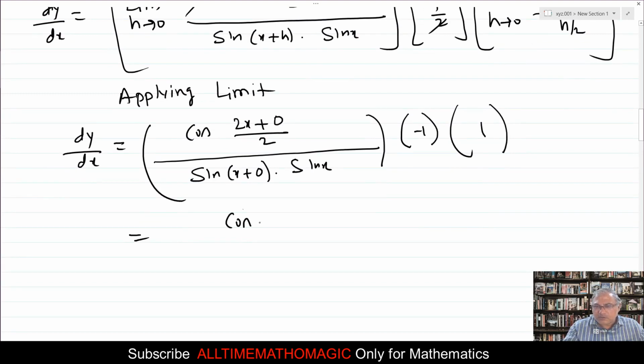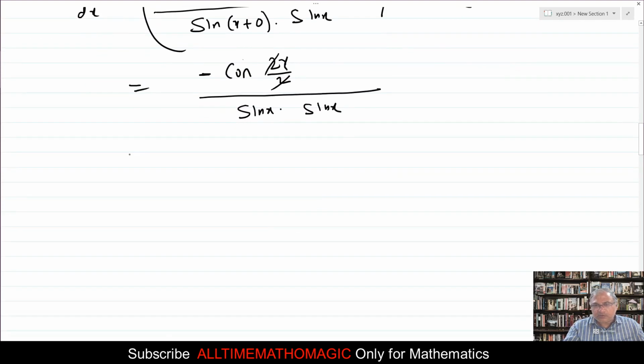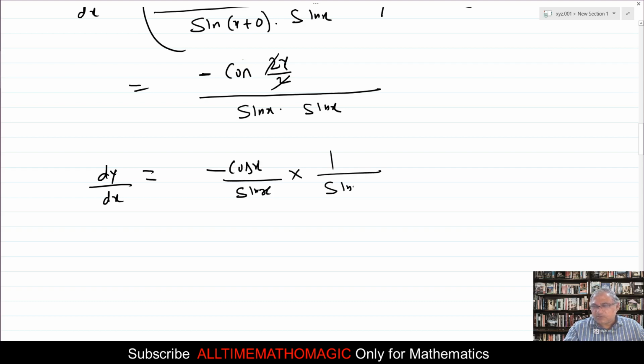So here is cos of 2x upon 2 divided by sin x multiplied by sin x, and this minus is written here, and these two and these two get cancelled. Therefore dy by dx equals minus cos x upon sin x into 1 upon sin x, that is equal to minus cot x cosec x.